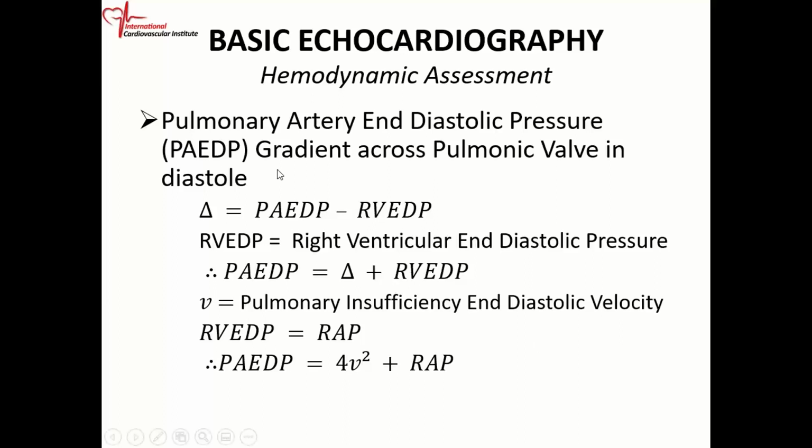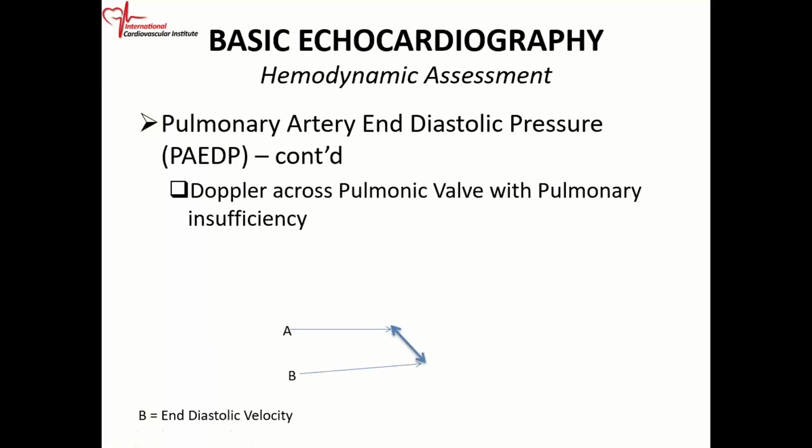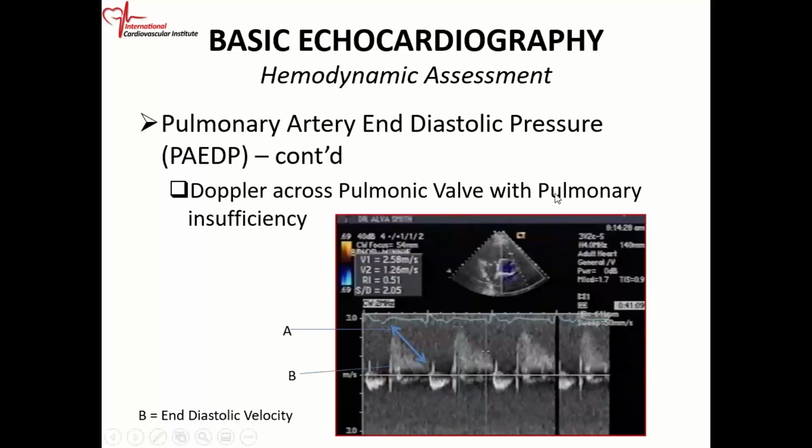If you want to get the pulmonary artery end diastolic pressure, then you just rearrange the equation: the pulmonary artery end diastolic pressure is equal to the gradient plus the right ventricular end diastolic pressure. But the right ventricular end diastolic pressure is the same thing as the right atrial pressure. So this is how you do it. Again, pressure gradient is equal to 4V squared. That concept we already developed.